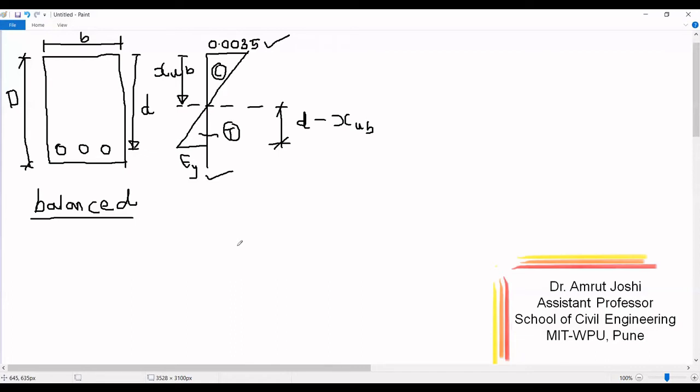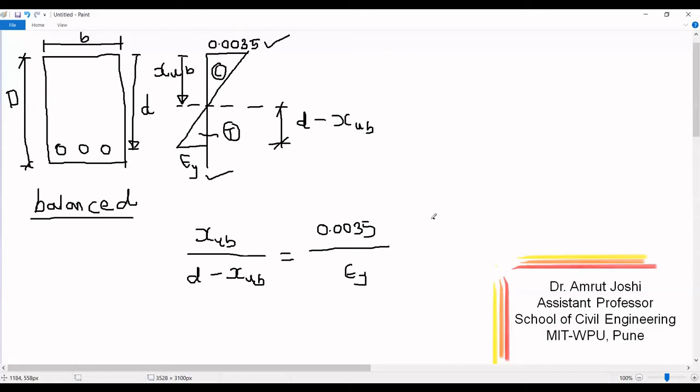So xub upon d minus xub is going to be equal to 0.0035 divided by epsilon y.